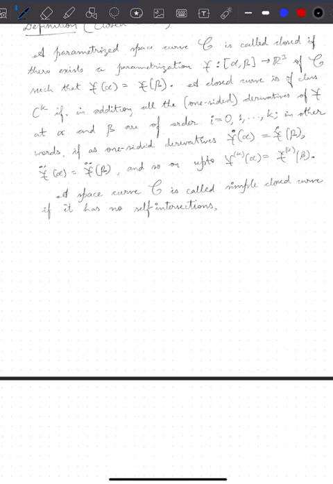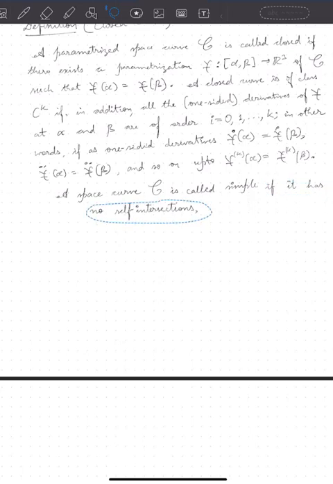Okay, sorry, let's not jump the gun. So a space curve C is called simple if it has no self intersections.